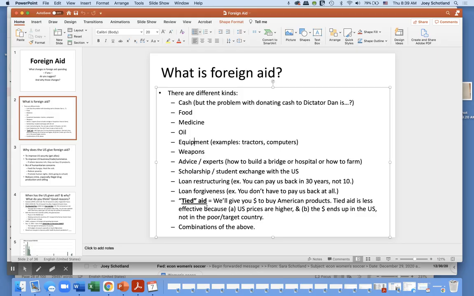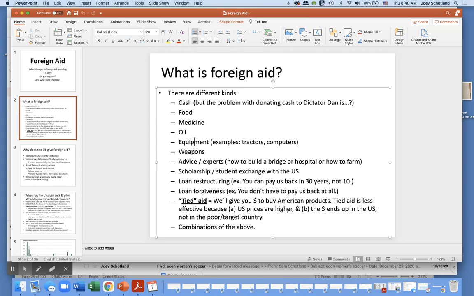Some of the aid is what we call tied aid. In other words, we'll give you money, Haiti or Cambodia or El Salvador, to buy American products. So the aid is tied with a condition. For example, here's money, you have to buy corn from Iowa. Tied aid is usually considered less effective because US prices are higher.